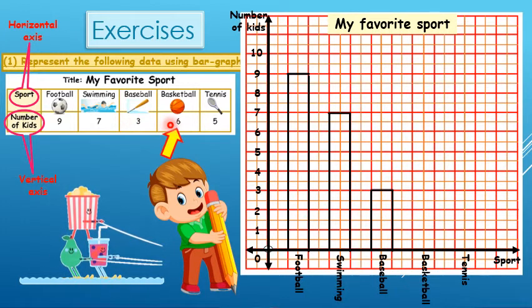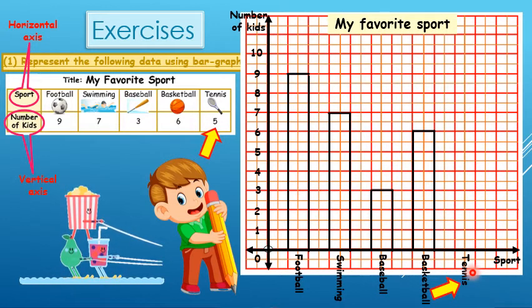And next one, which is basketball. We have 6 pupils, 6 kids love basketball. Then go to our grid and put your finger here and go up until you reach 6. With your pencil, put a mark here, then using your ruler, draw this bar. And the last one, which is tennis. 5 kids love it.